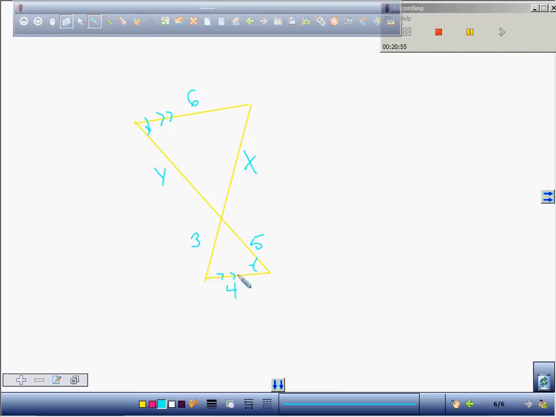Which means that this side goes with which side? 5 goes with what? Y, right? So in that case, you can say that 5 is to y as 4 is to 6, right? As 3 is to x, right? So you could use that proportion to solve.